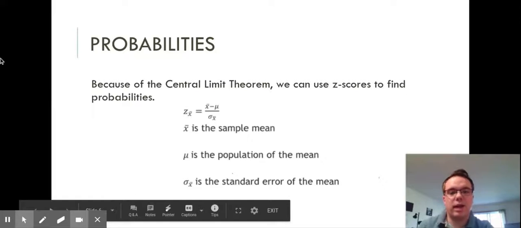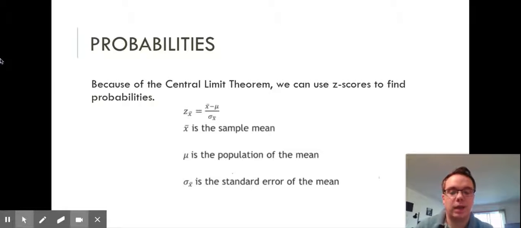All right, the other thing we can look at with sampling distributions of the mean is probability. I'm going to pause here so you can write this in your notebook. When you are ready, just hit play again. Because the central limit theorem states that our distribution of the mean is normal, we can use z-scores, which we used last chapter with our normal distributions, to find probabilities. Only our z-score for our mean distribution is slightly different.